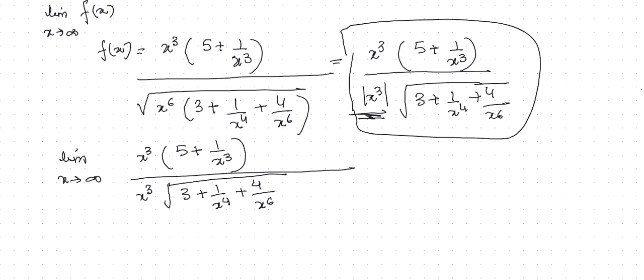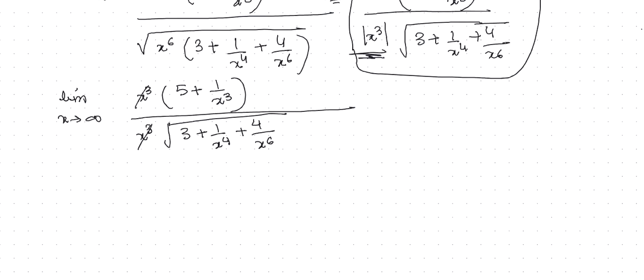So this would give us 5. 1 over x cube as x tends to infinity would give us 0.